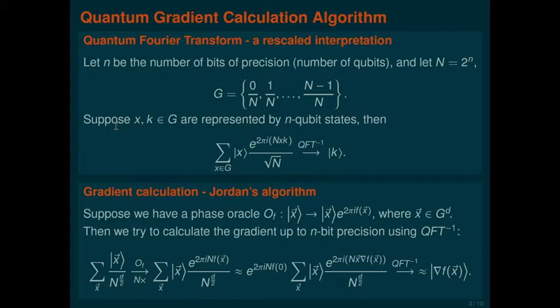And now I say that suppose this function is close to linear around 0. Then I basically approximate the function value as the function value at 0 plus the gradient times the distance to 0. So it basically translates to a global phase, which is the function value at 0, and then this part, which is the linear function approximation.